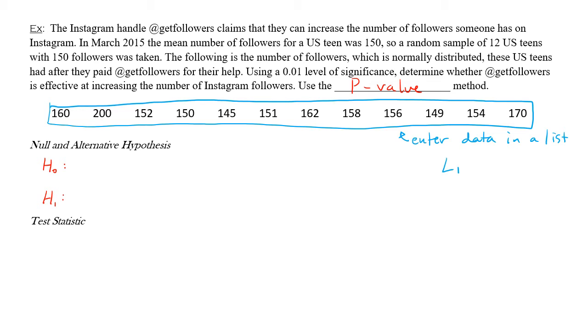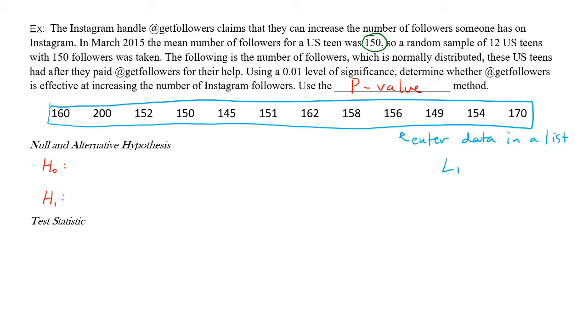So for the null hypothesis, well, let's see. In March 2015, the mean number of followers for a US teen was 150. And then we took a random sample of 12 US teens with 150 followers. And the following is the number of followers which is normally distributed.